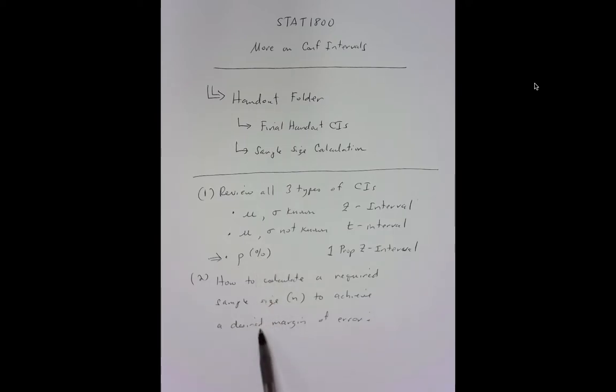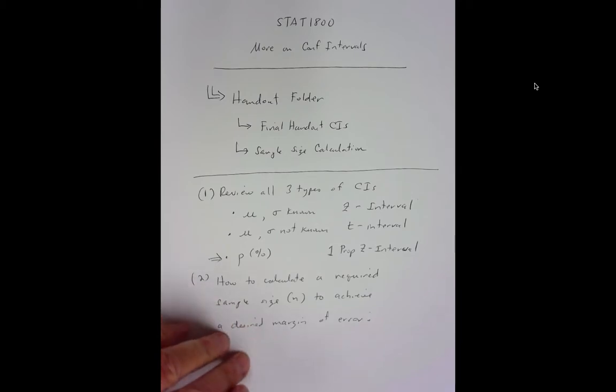It would be needed to know the procedure by which you could calculate the sample size to create a desired new margin of error. All right, easy for you to say, right?